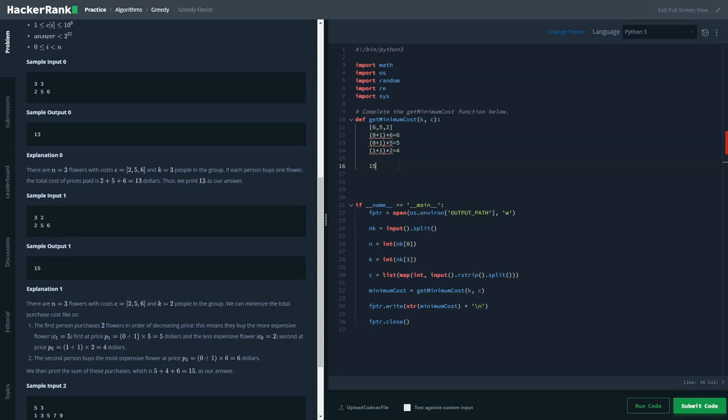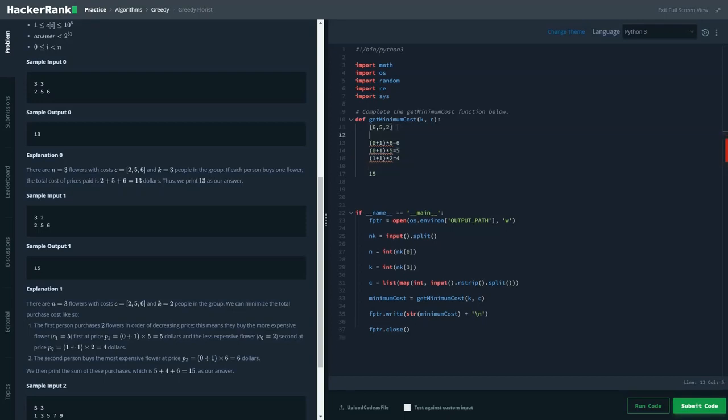But in case we reverse it, if we sorted our array in, say, ascending order, 2, 5, and 6, then this would be 2, 5, and this would become 12.